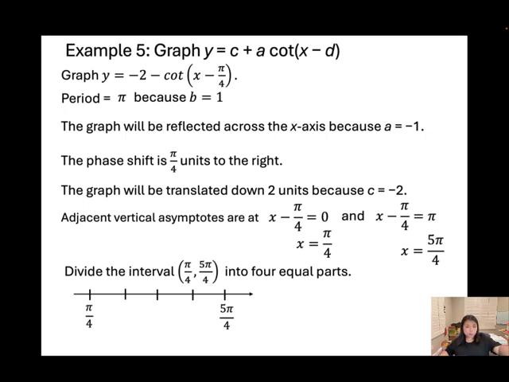Add them up and divide by 2. You're going to get 3 pi over 4.